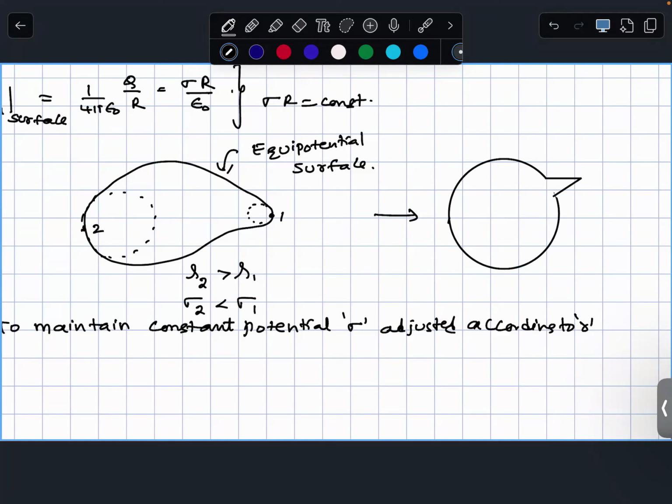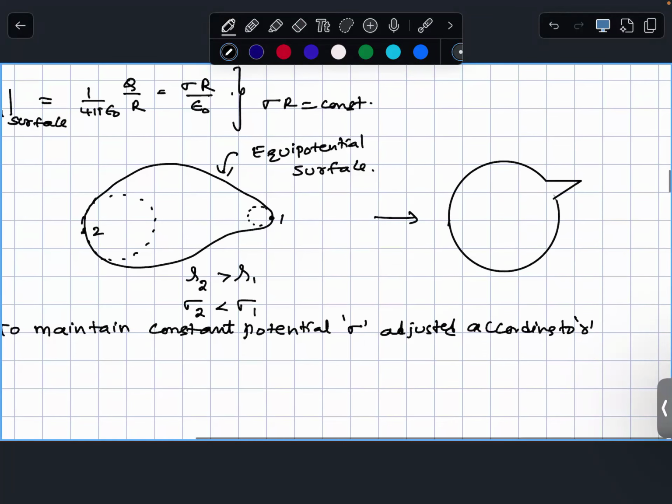If we have a sharp edge like this here, you take point 2 and point 1 here. At 1, R tends to 0. Sigma very high.